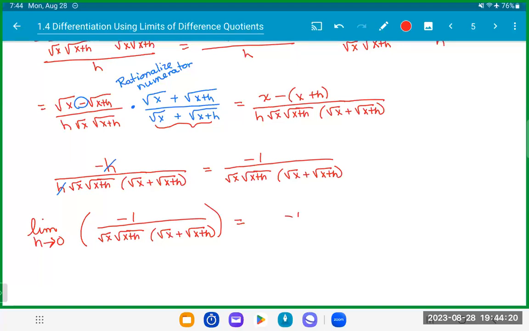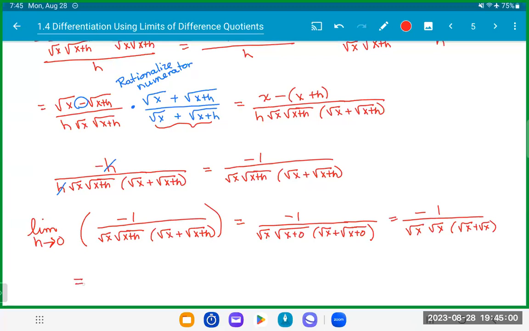So that is negative 1 over the square root of x times the quantity square root of x plus 0 times the square root of x plus the square root of x plus 0. Okay? And we can simplify that to give me negative 1 over the square root of x times the square root of x plus the square root of x. Okay?